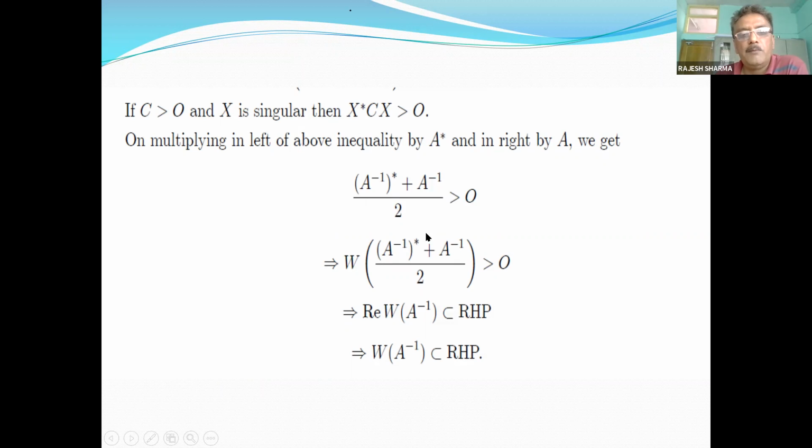This means the numerical range of (A inverse star plus A inverse)/2 is strictly positive. So the real part of the numerical range of A inverse is in the right half plane. This means the numerical range of A inverse is also in the right half plane. Clear this? Yes, sir.